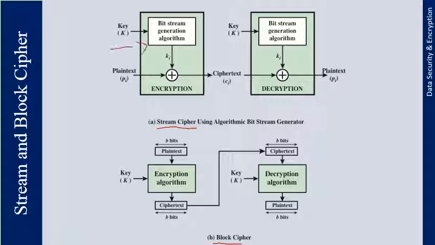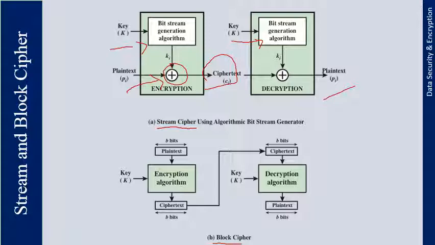The key can be used by the bit stream generation algorithm, and the stream is combined with the plain text to produce the ciphertext. On the other hand, the decryption algorithm must also use the same function, the bit stream generation algorithm, and it combines the key stream with the ciphertext to produce again the original plain text.